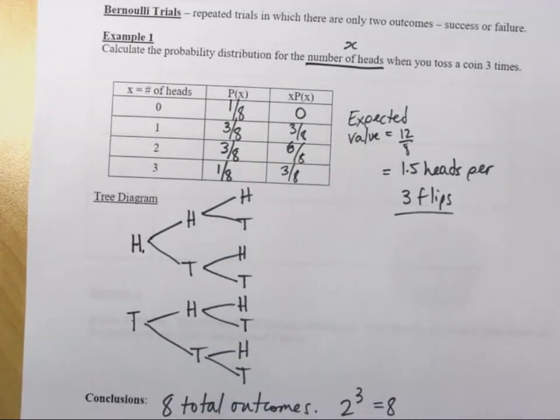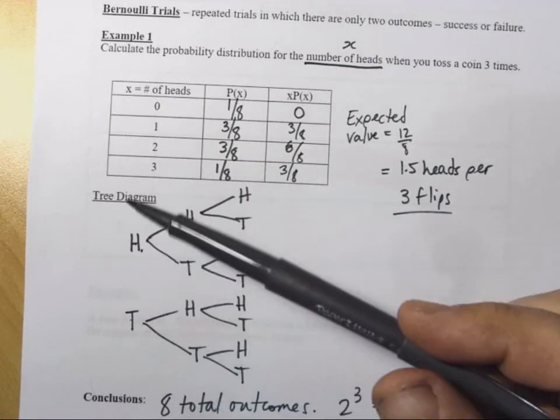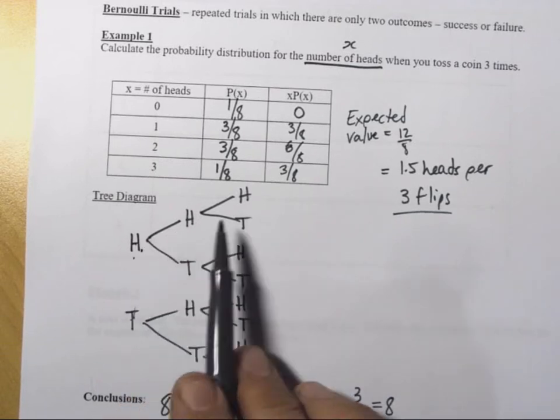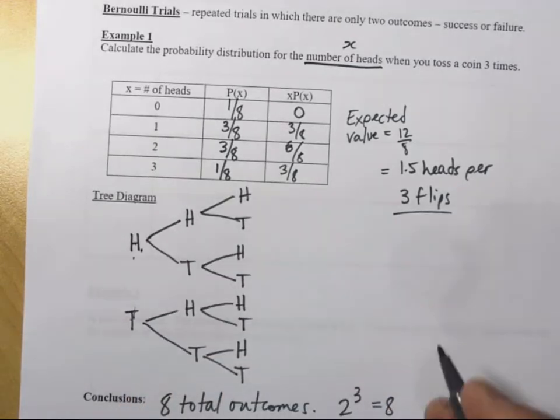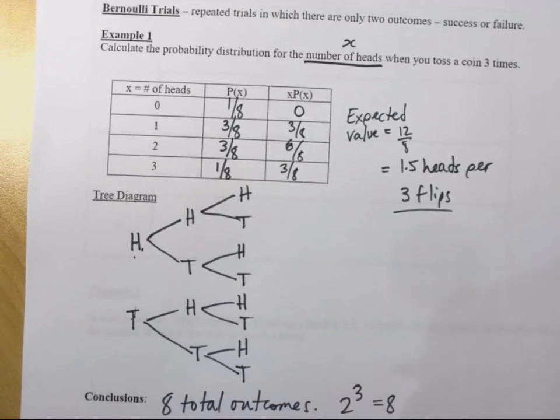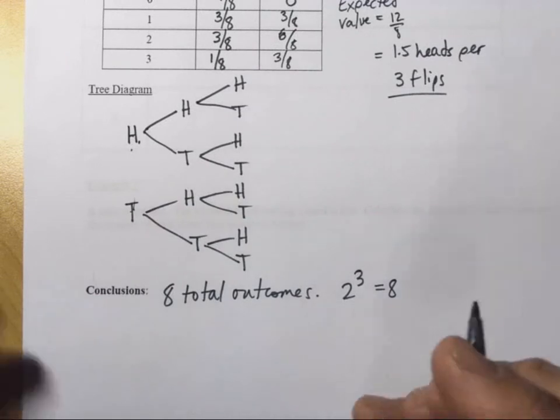There are 2 choices per event. There's 2 choices here, 2 choices here, 2 choices here. 2 times 2 times 2, or 2 cubed, is 8. I wonder if there was 4 flips, if that answer might be 2 to the 4. Yep, it is. 2 to the 4 is 16. Okay, so that's one conclusion.